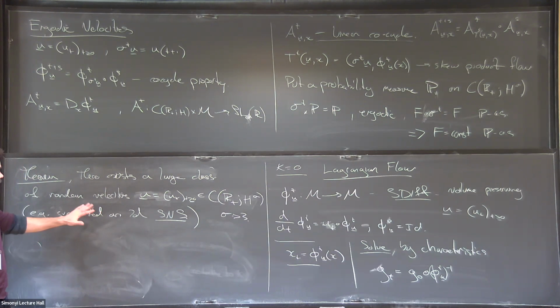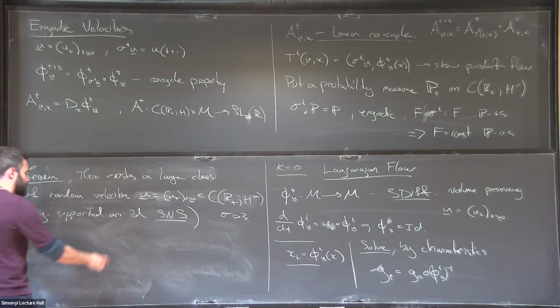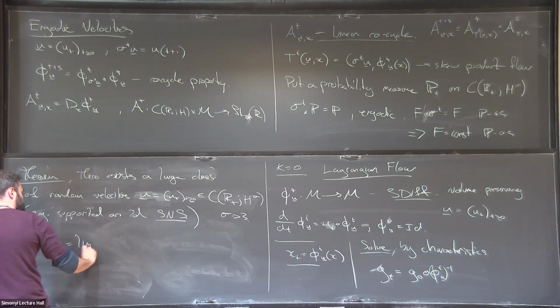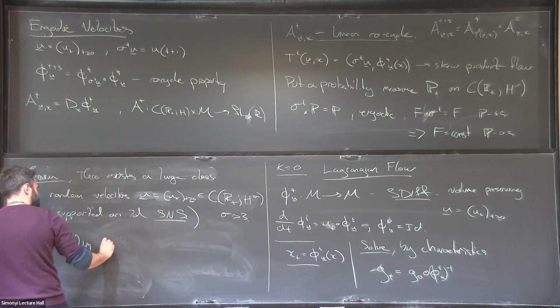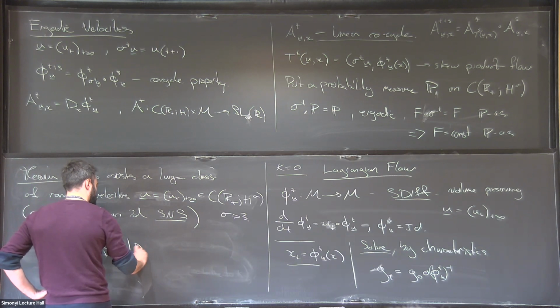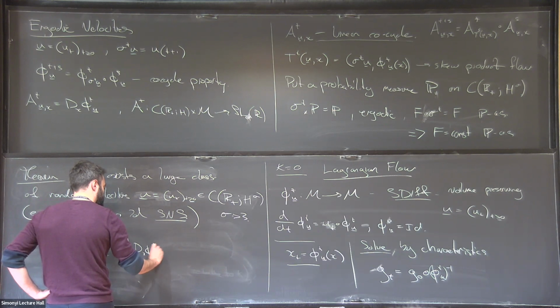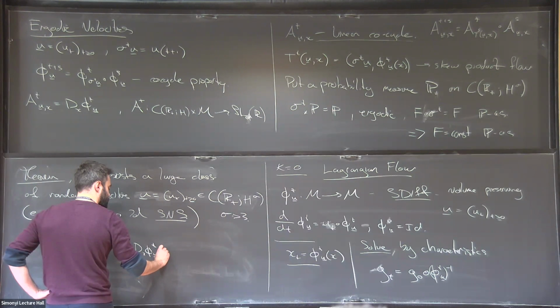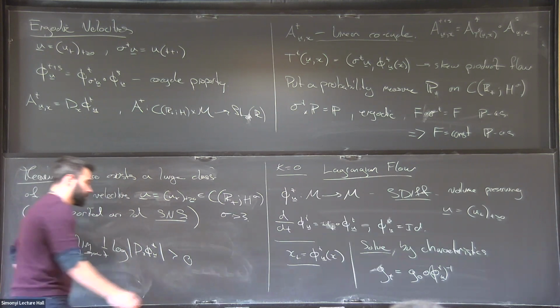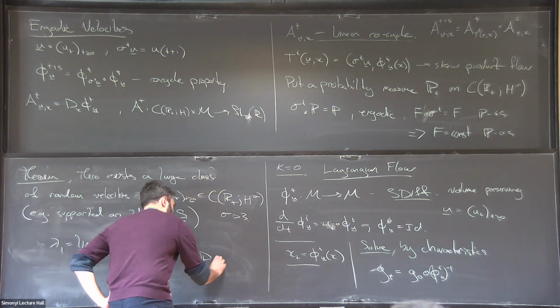But in fact, the point that I want to make here is that with this class, lambda 1, which is equal to the limit as t goes to infinity of 1 over t log of the norm, is positive, and this is P almost sure.